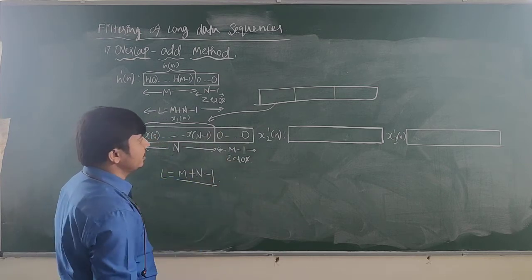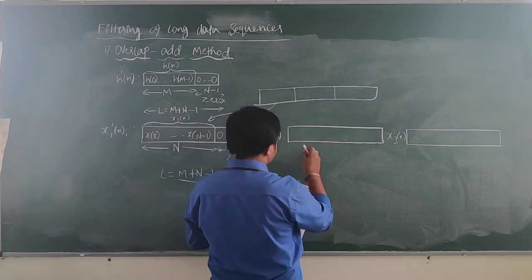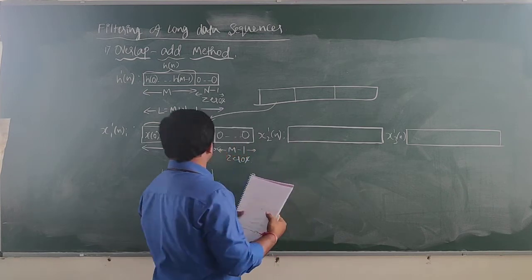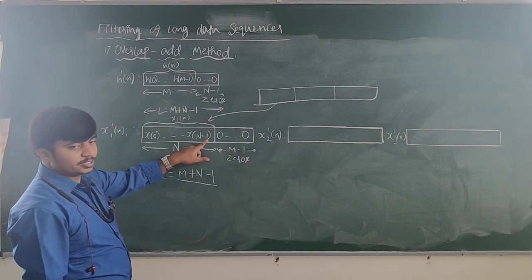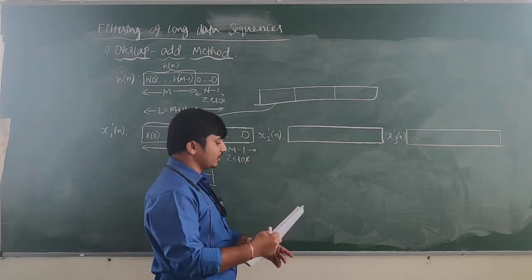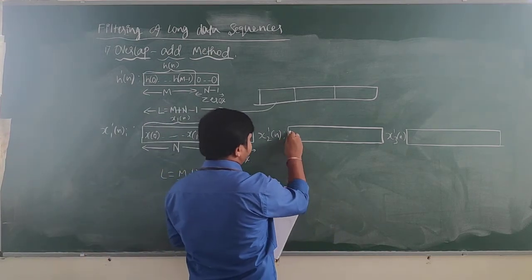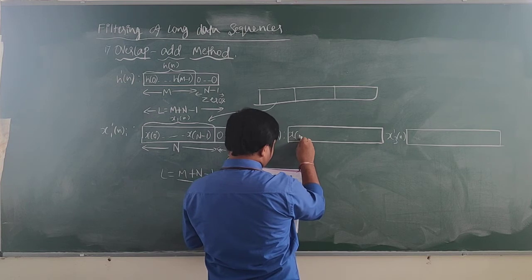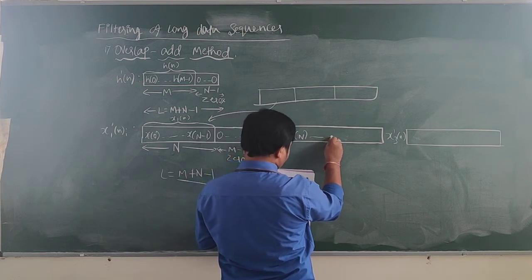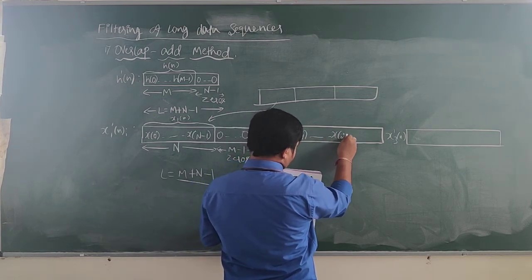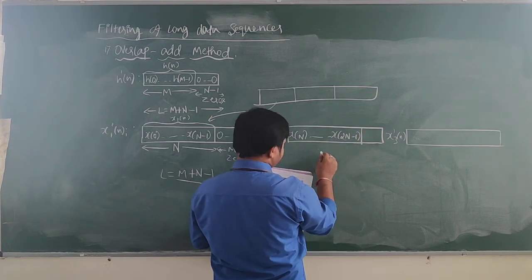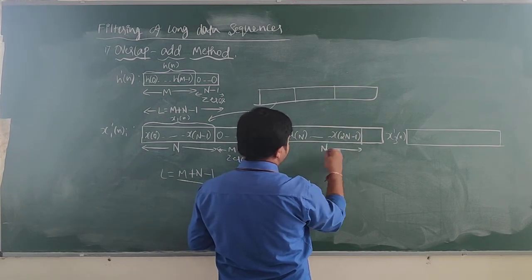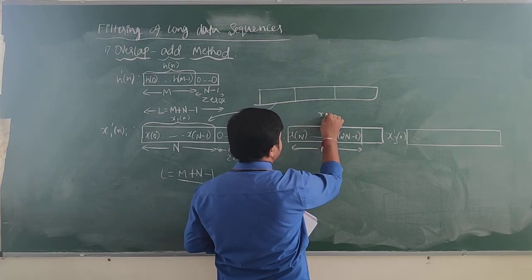Again, the same for the next sequence. The first sequence started from x of 0 and ended at x of n minus 1. The next signal will start from x of n and end at x of 2n minus 1. Its length is also n, and this is x2 of n.